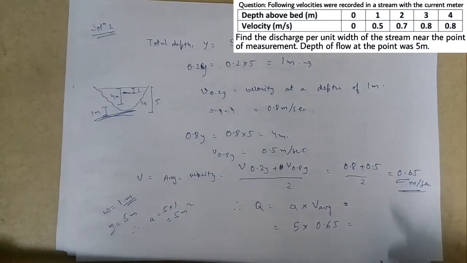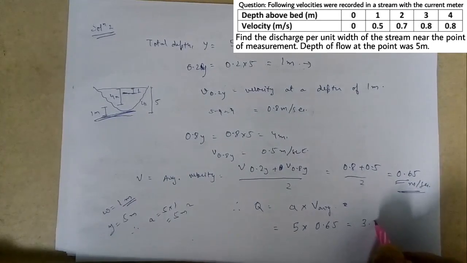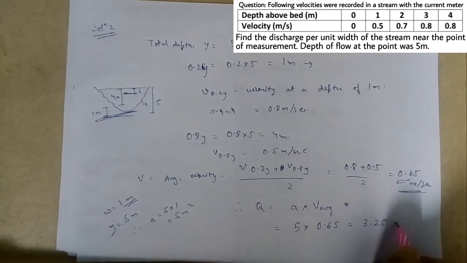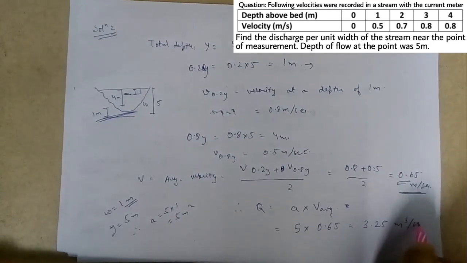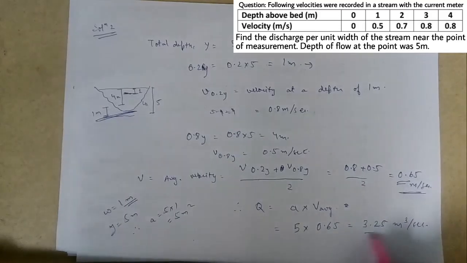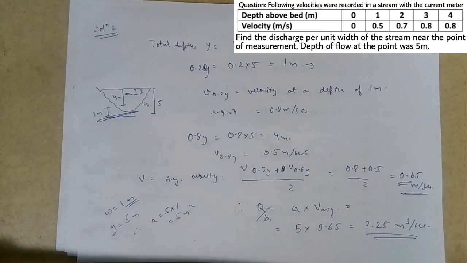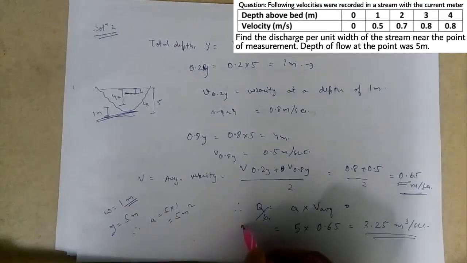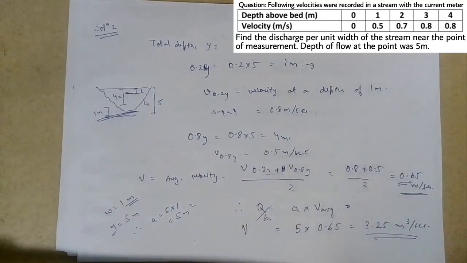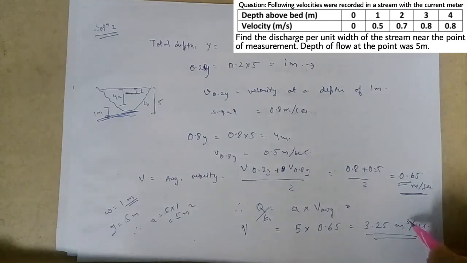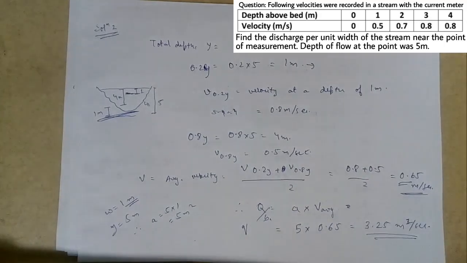So therefore we get around 3.25 meter cube per second. So this is the discharge per unit width. So Q by B, sometimes also known as small q, that is discharge per unit width, is given by 3.25. The unit is meter square per second.